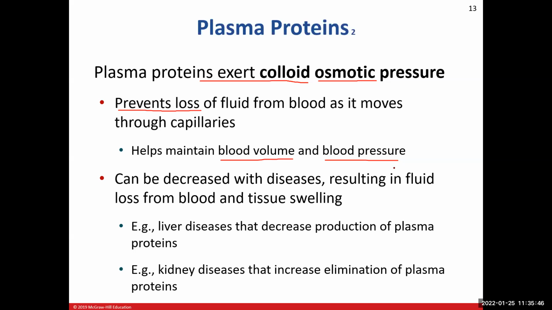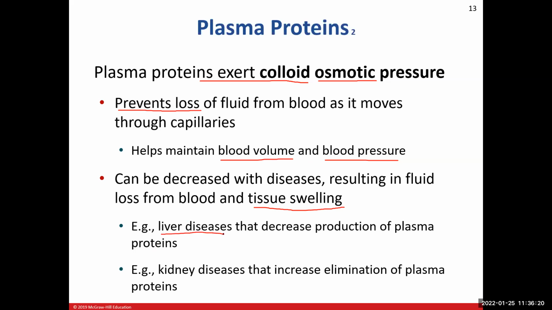What will happen is we'll get fluid loss and we'll start to get tissue swelling. If you ever have a patient that comes in and you see bilateral swelling in their ankles, a lot of it, first thought should be cardiovascular. Always, always. You should just think that because that needs immediate attention. You rule that out, then you start to think, all right, liver disease. That's usually what you're going to be considering.